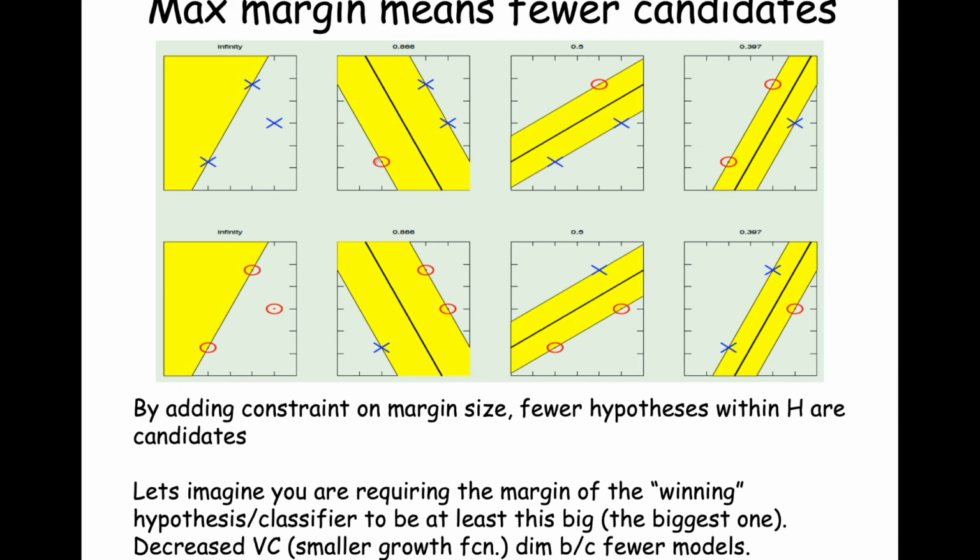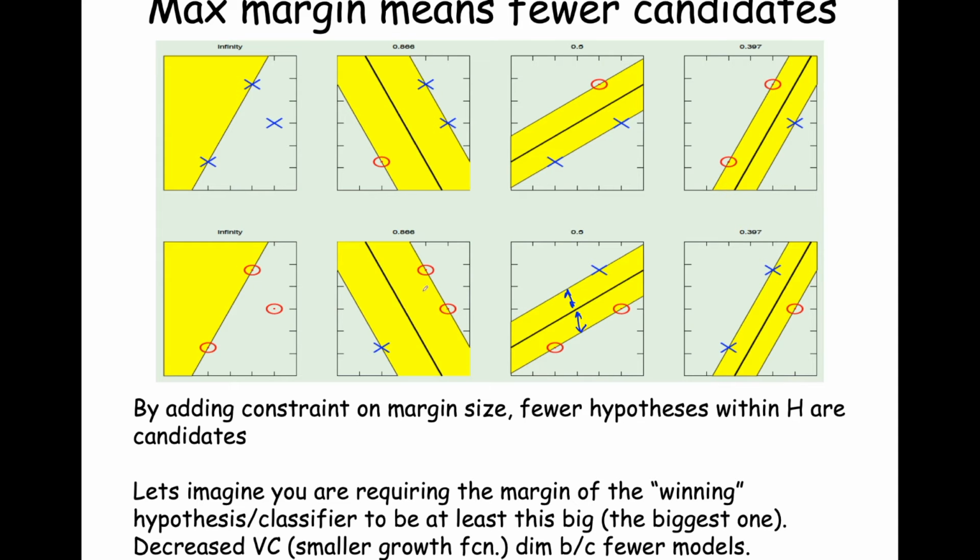Now, of course, if we were to include this idea of maximizing the margin, one of the things we do is we start to prune or decrease the size of the hypothesis set. And why is that? Well, let's take, for example, a margin that's this wide for this particular hypothesis.